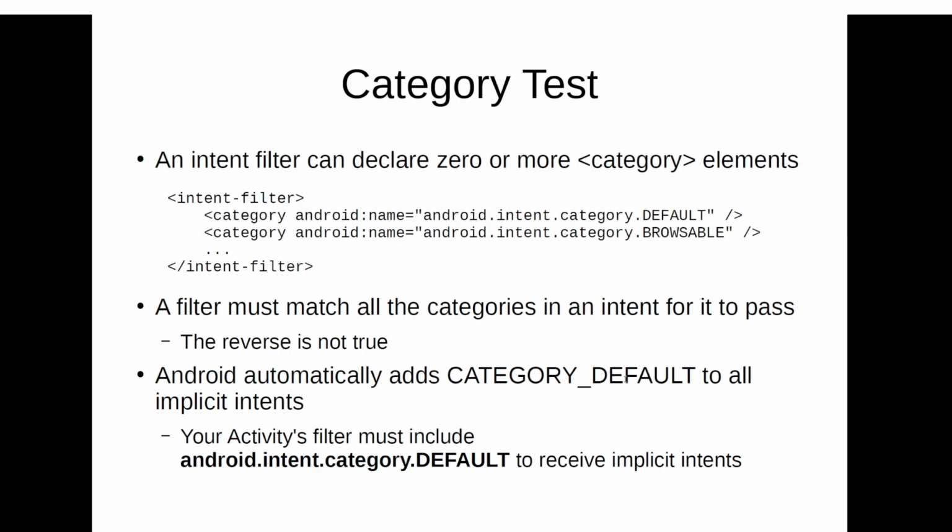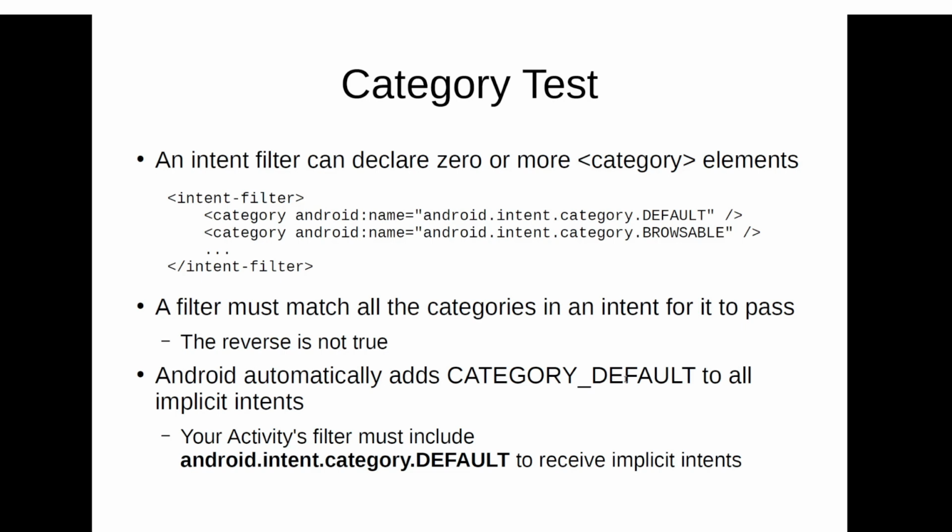A filter must match all the categories in an intent for it to pass. However, the reverse is not true. That is, an intent may have fewer categories than the intent filter, and in that scenario, it would still pass.